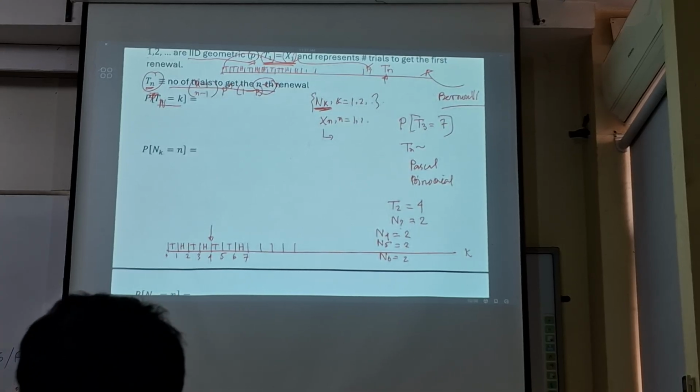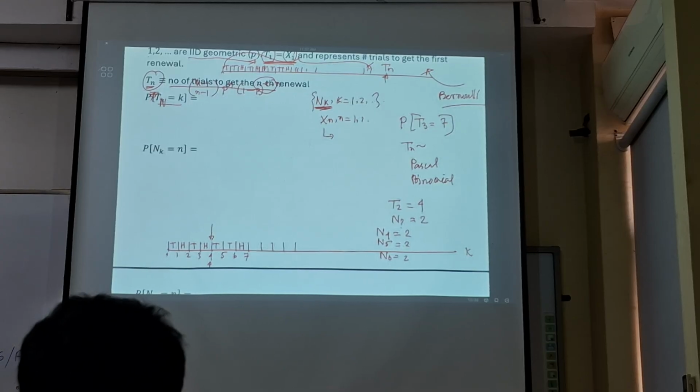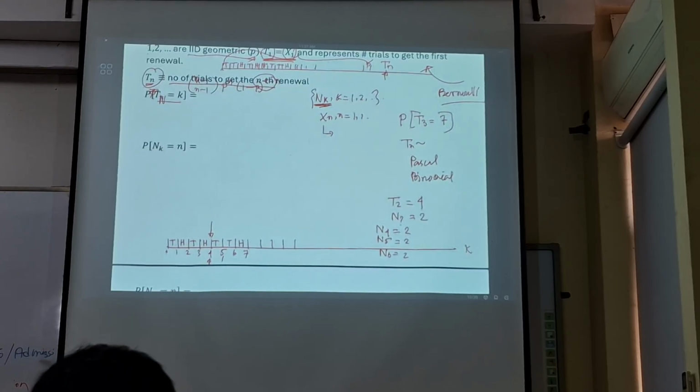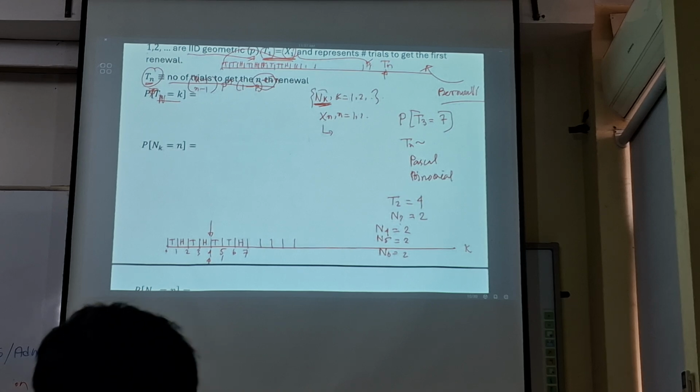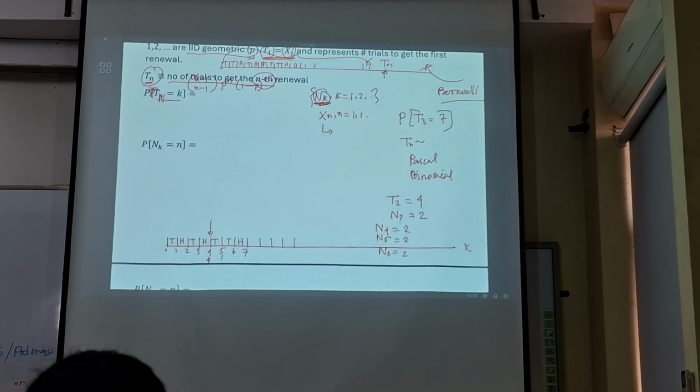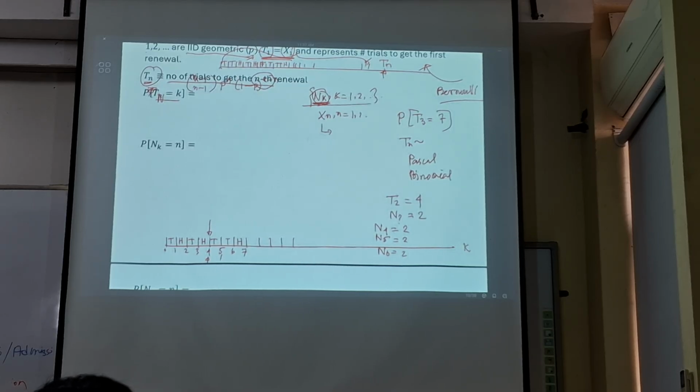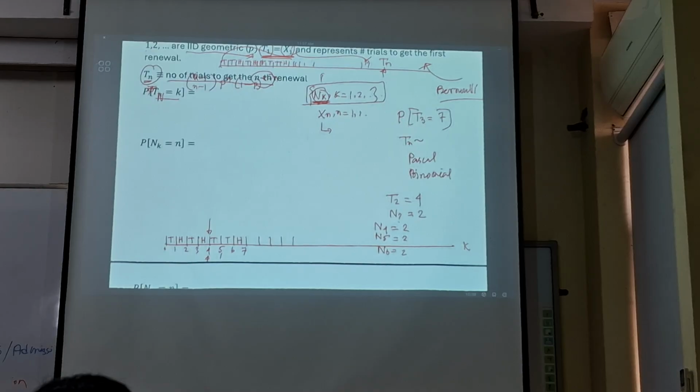So we have got the first head, the second head, then no head, no head. So this N sub k represents or counts the number of successes up to the kth try, and the value of k can be 1, 2, 3, and it goes on. So we say this one is what? A process.